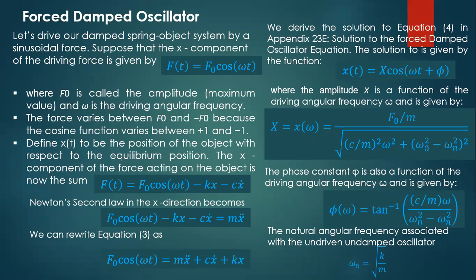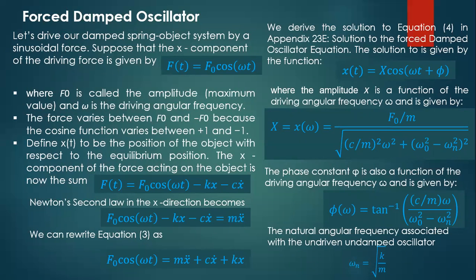Suppose that the x component of the driving force is given by f of t equals f naught cos omega t, where f naught is called the amplitude or maximum value, and omega is the driving angular frequency. The force varies between f naught and minus f naught.